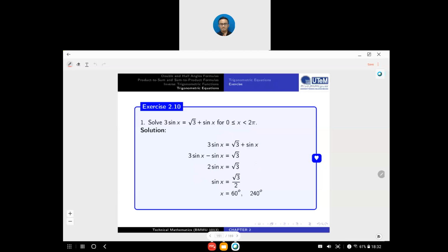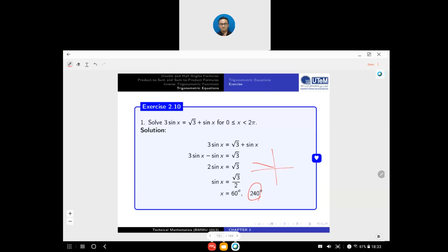X equal to 60 and 240, because we know that this one is positive. Kenapa 240? Sin 60. Wait, sorry.